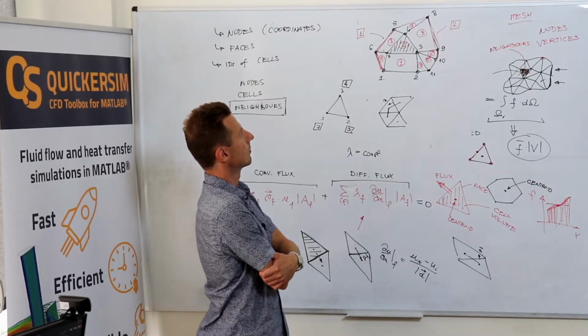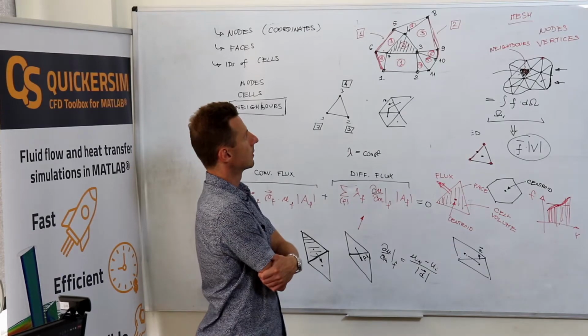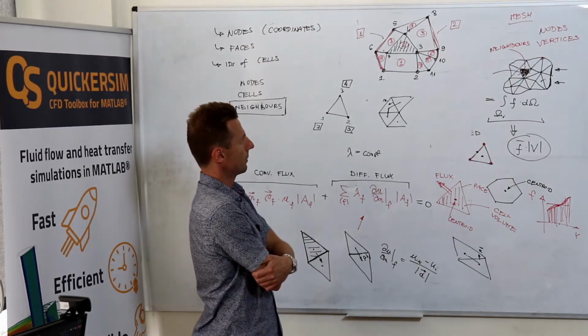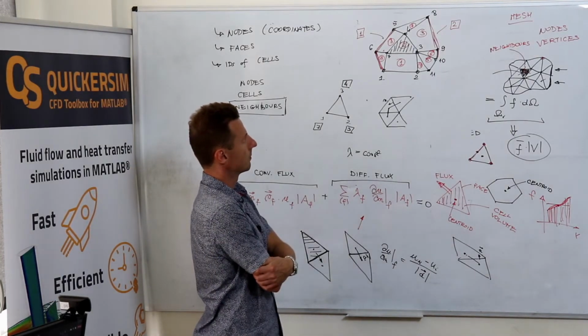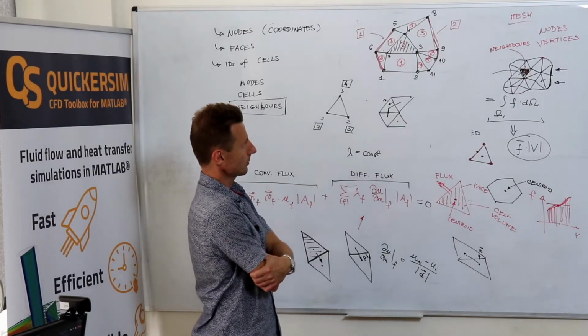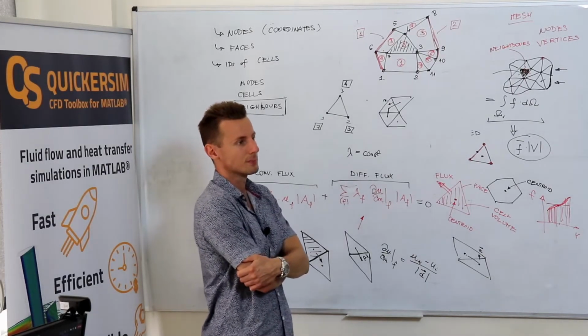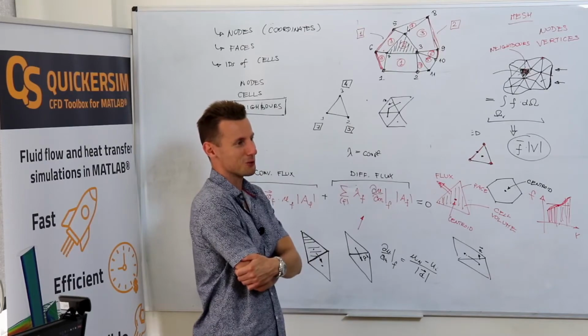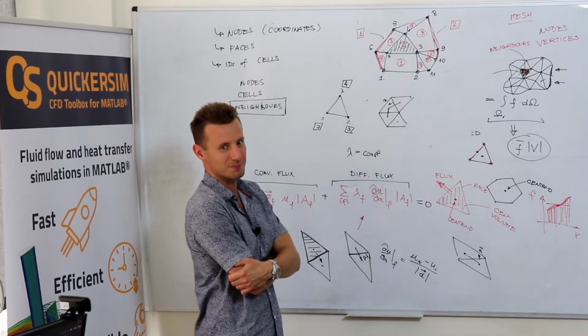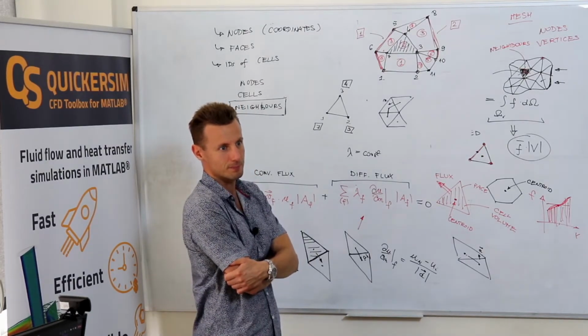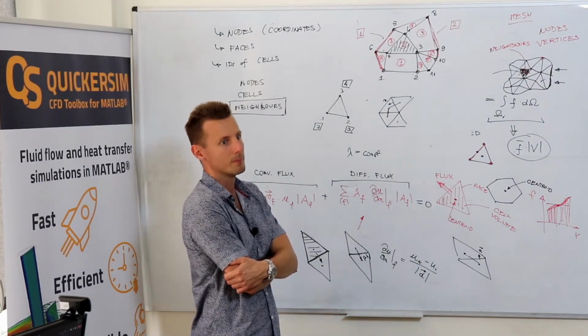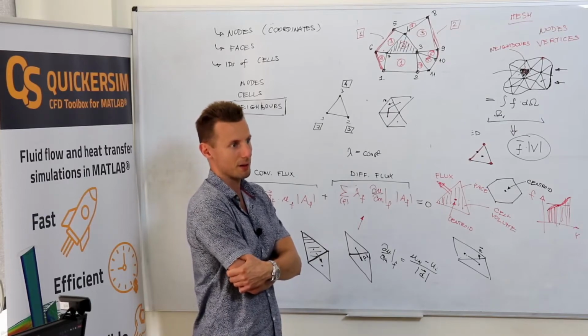Would appear even 4 times. Yeah, 4 times. But what to do with that information? If 2 points are both in 2 cells, it means that they are neighbors to each other.